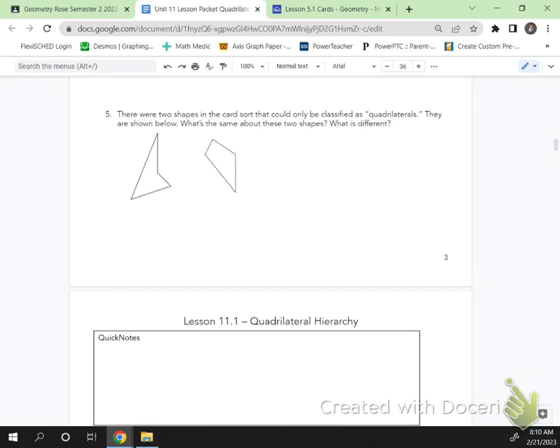In the card sort, the shapes that could be classified as quadrilaterals are shown below. What's the same about these 2 shapes? What's different? I want you to turn and talk to your partner. They are quadrilaterals. Go. What's the same? What's different? Be ready to share.